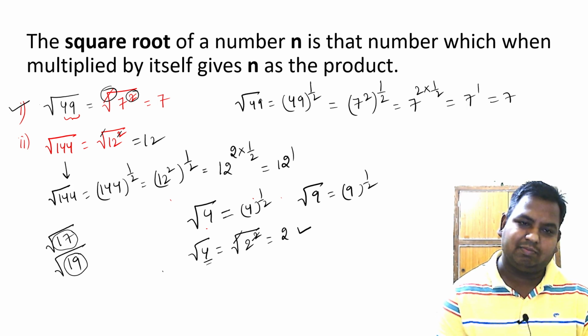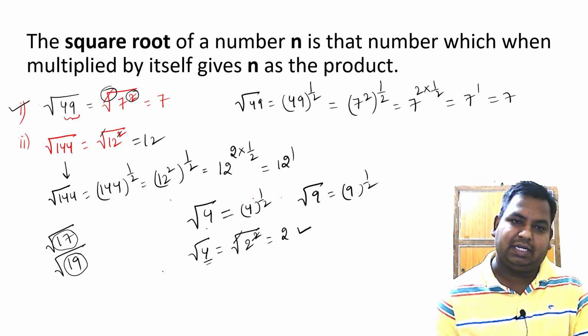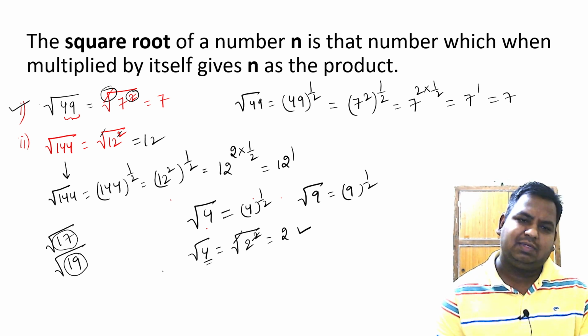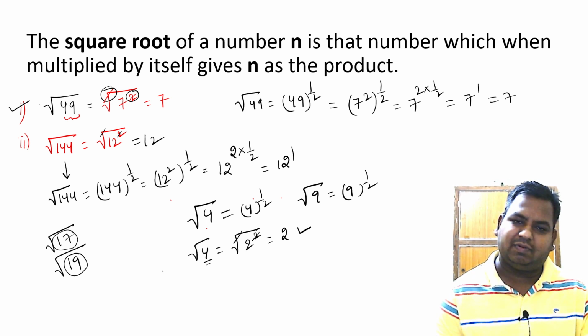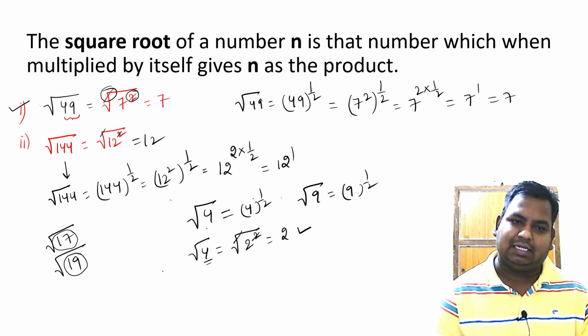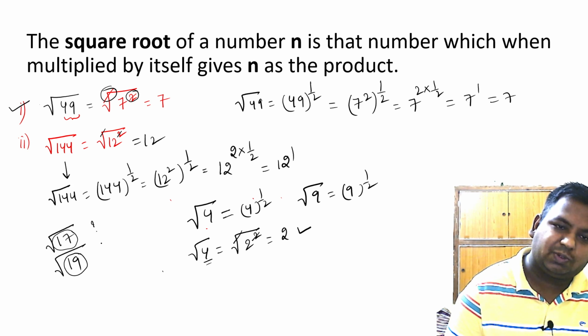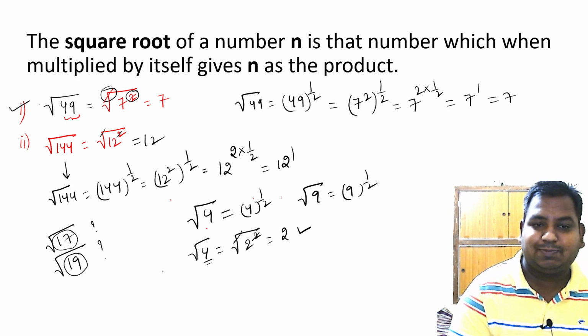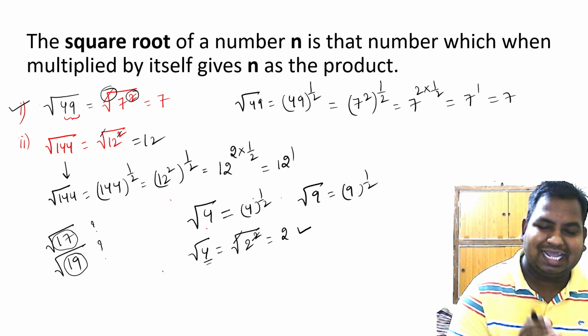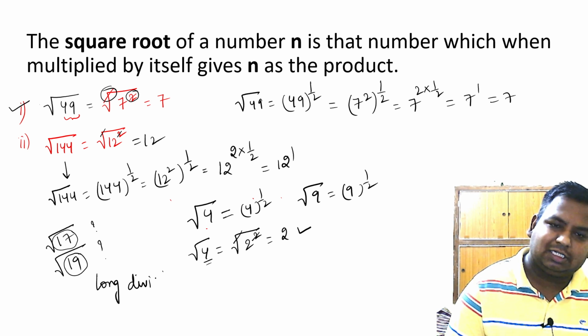We don't have any natural number whose square is 17 or 19. Then how to find the square root of 17 or 19? This problem can be solved by a method named long division method, which is the topic of the day.